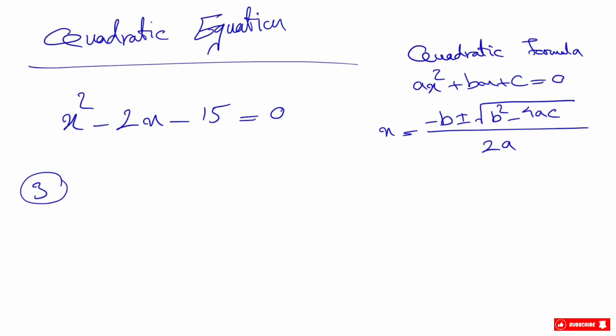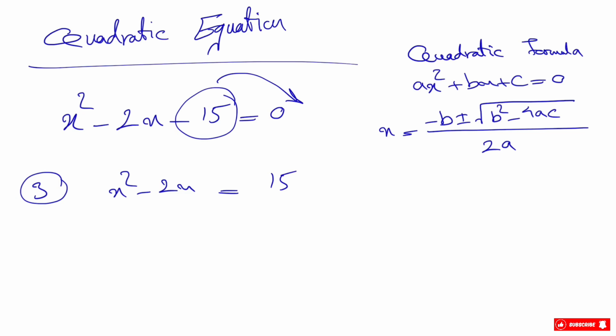And the last way to solve this is by completing the square. What we need to do first of all is we have to have all the variables on one side. So we have x squared and minus 2x on one side of the equation, and we'll put the other number, which is minus 15, on the other side of the equation, which will be positive 15.